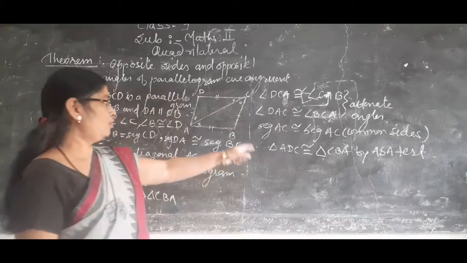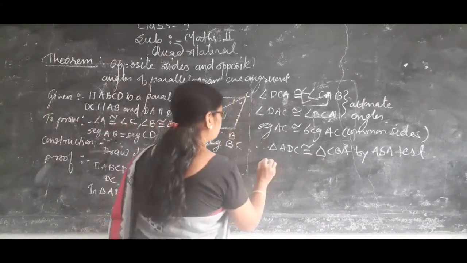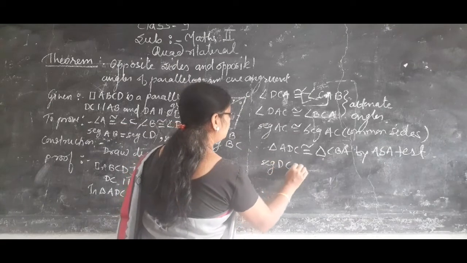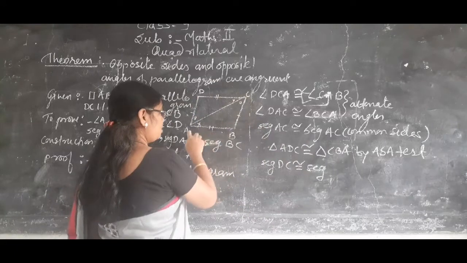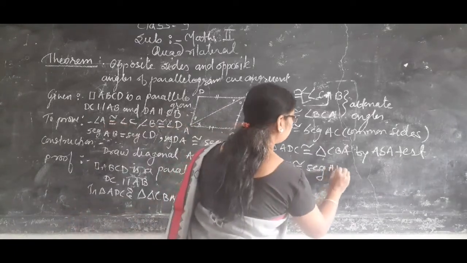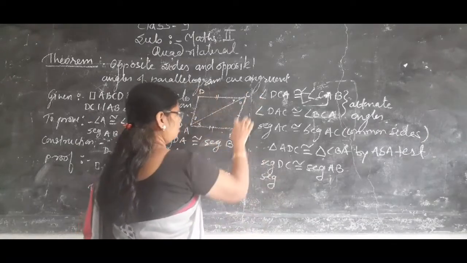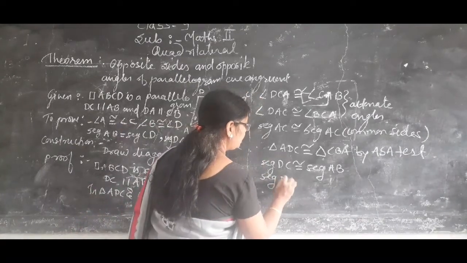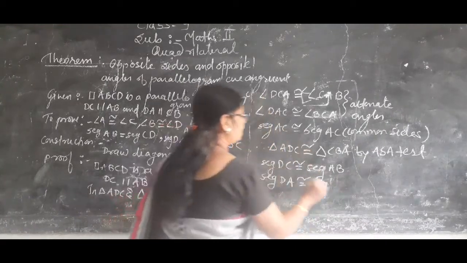Now, if triangles are congruent, its remaining elements are also congruent. So, segment BC is congruent to segment DA, and segment DC is congruent to segment AB. Segment DA is congruent to segment CB.